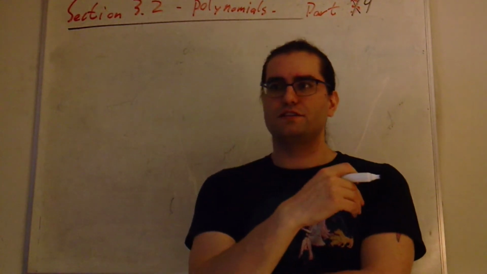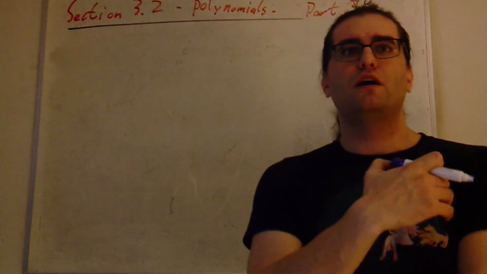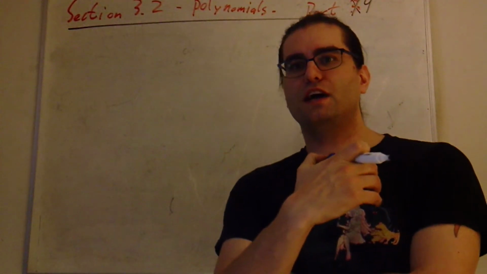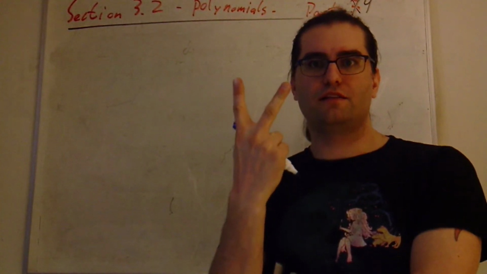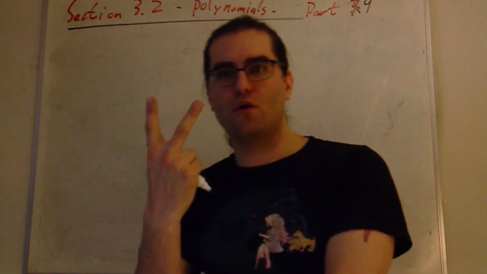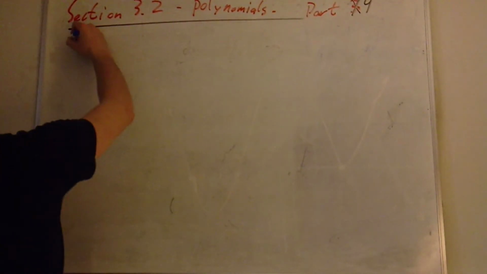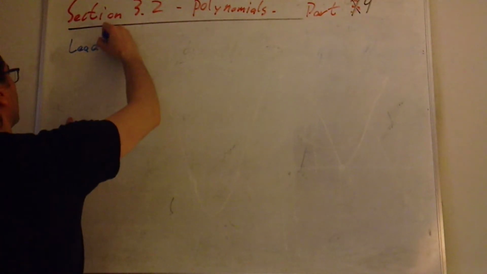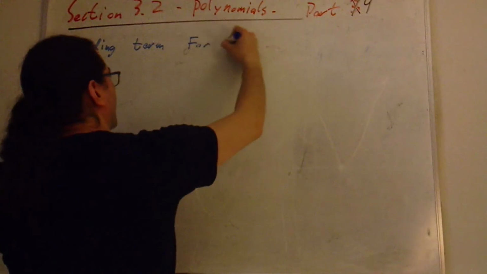And it turns out it's even simpler than just looking at the leading term. The end behavior is based entirely off of the exponent and the sign of the coefficient. So, you're going to look at the leading term for end behavior.